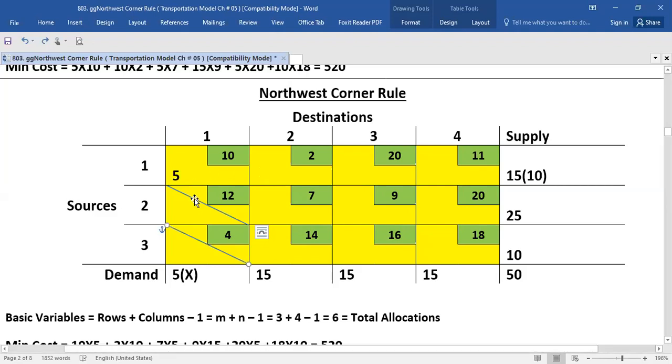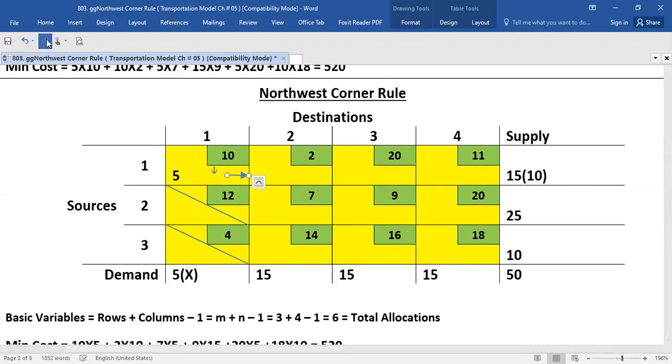You will move to this cell or this cell, but you cannot move to this cell as it is already filled with a line. It has no space. You have already told the problem that you cannot make any allocation in this cell. So you will move to the right.